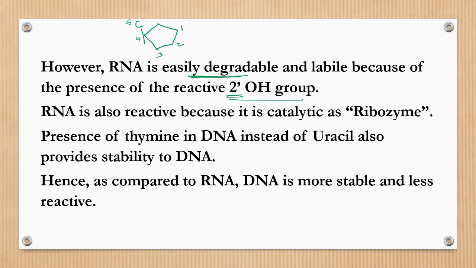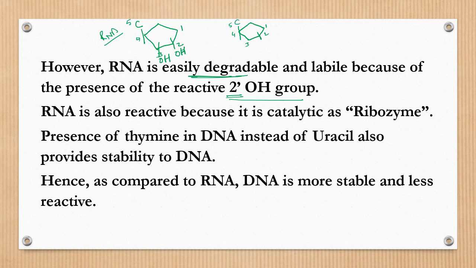Now on this second carbon in ribose sugar a hydroxyl group is present, and similarly on the third carbon a hydroxyl group is present. This is the case in RNA. Whereas if you observe the DNA pentose molecule, this is one, second, third, four, and fifth carbon.